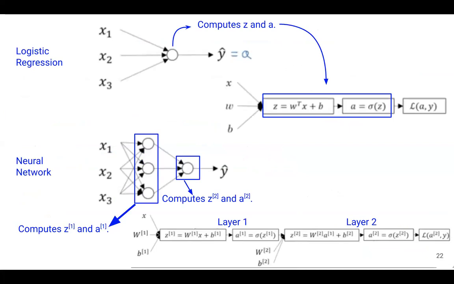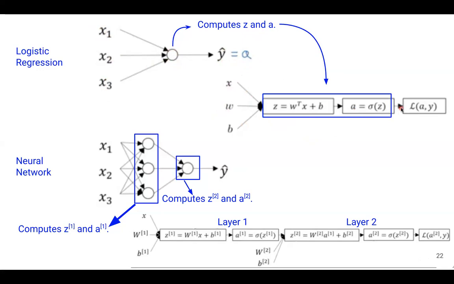So here we have now already discussed logistic regression, which looked like this. We had a few features, x1, x2, x3. They were being fed to a node, which was computing our z, and A was basically our y hat. And this is how the computation graph looked if it was a logistic regression.